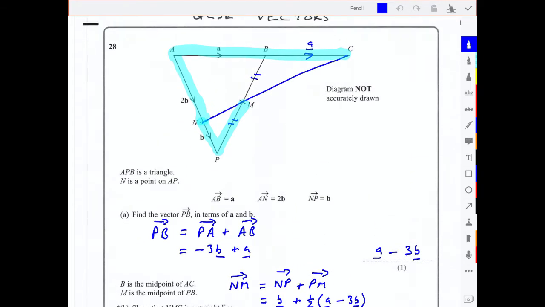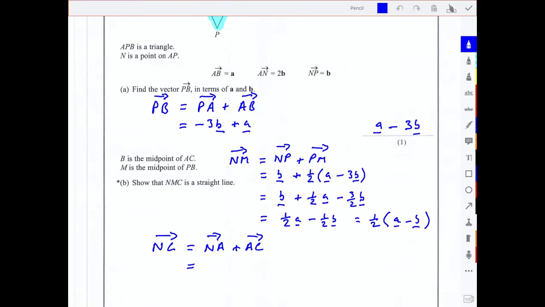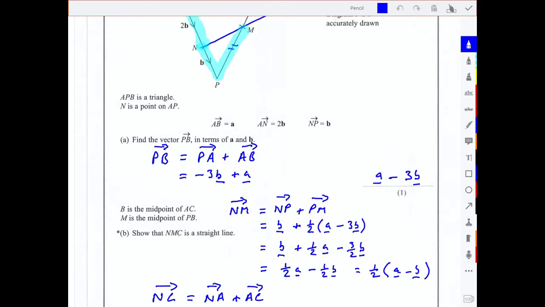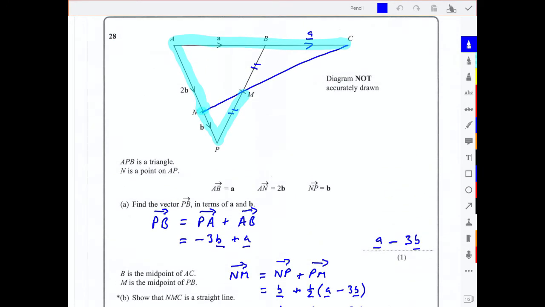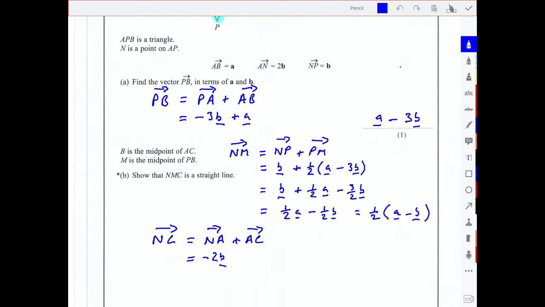Well, AN was 2b, so NA is the negative of that, minus 2b. AC is just 2a. It's a from A to B and another a from B to C. So that's plus 2a. So if we take out a common factor of 2, that's 2 times (a minus b), or I could write it as 2a minus b.